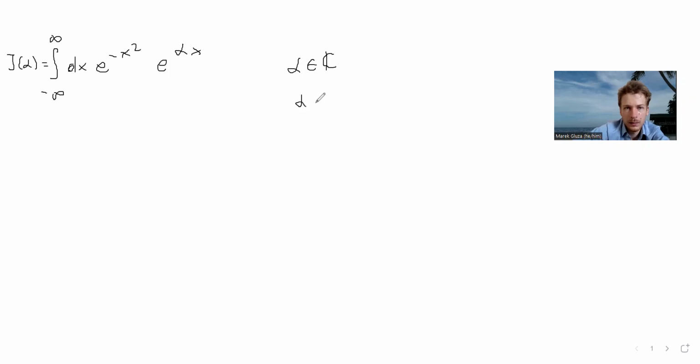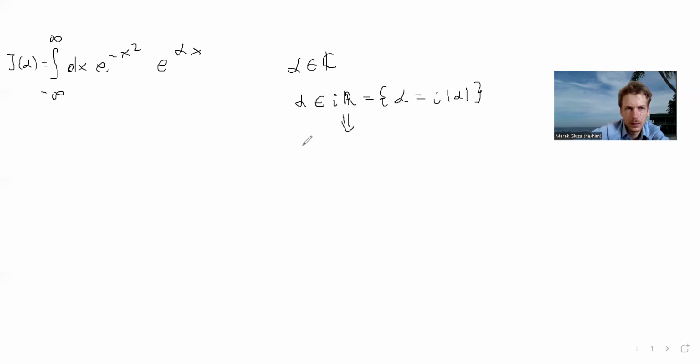If alpha is purely imaginary, which means that alpha is equal to i times the modulus of alpha, so this is the set of purely imaginary numbers, then this is the Fourier transform.